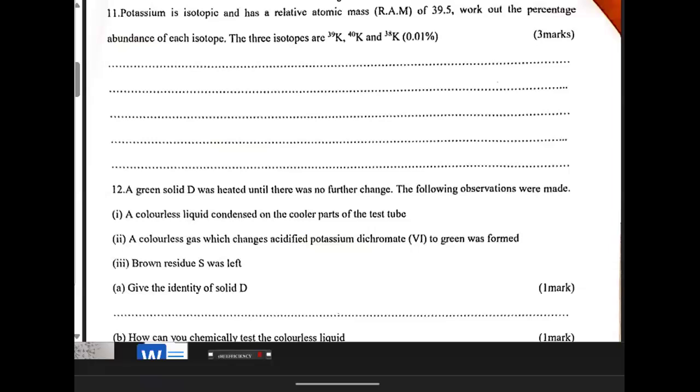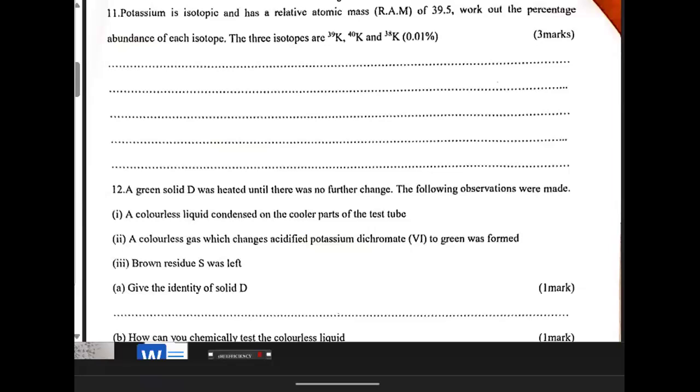Number 12. I'm on number 12. A green solid D was heated until there was no further change. The following observations were made. A colorless liquid condensed on the cooler part of the test tube.